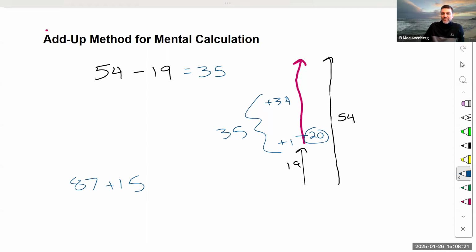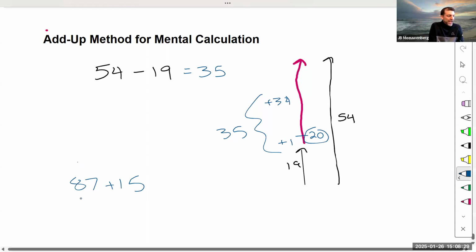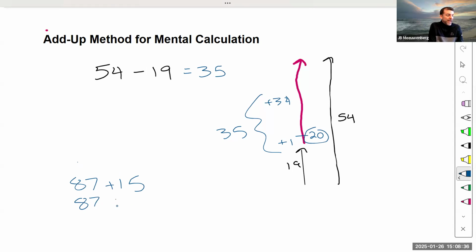And I kind of even do that the same way with the add up strategy, where I'm looking at 87 and I say, how much do I have to get up to be a nice number? And I like the number 100, and 13 gets me up to 100, and that leaves me 2 more, right? So again, I'm always picturing going up or down to that next closest multiple of 10.